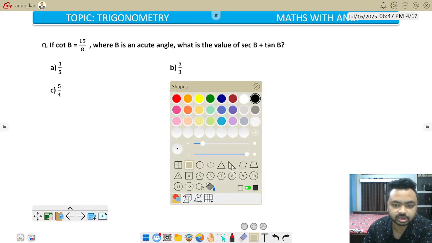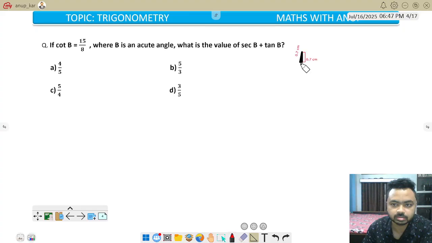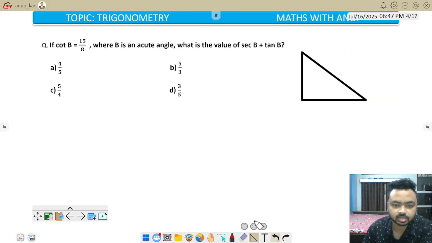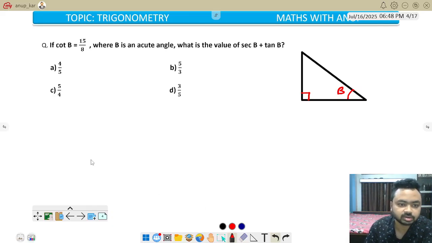Let me take a right angle triangle. So this is my right angle triangle. B is an acute angle. This is my angle B, and this is my 90 degree. Now cot B equal to 15 by 8, meaning what?